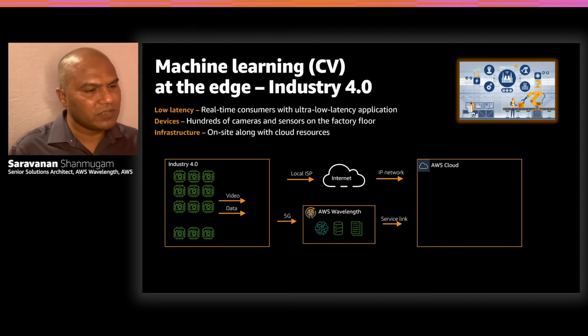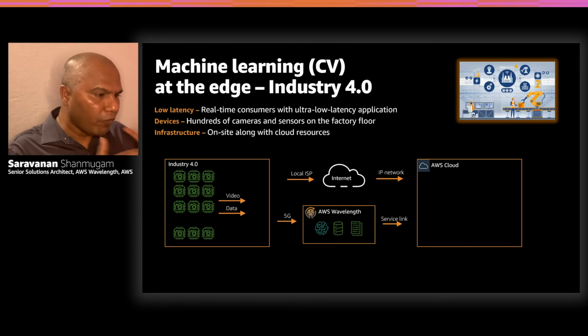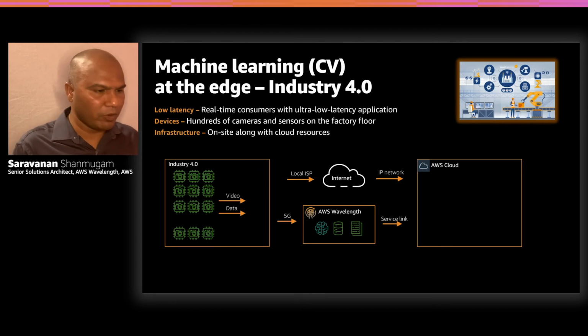But the most important thing is, how can we leverage 5G with wavelength, with edge computing? Can we reduce the dependency on on-site hardware and move this hardware away from the industrial complexes, so they can focus on what they have to focus on, and not worry about maintaining the IT infrastructure, constantly updating and patching the hardware?